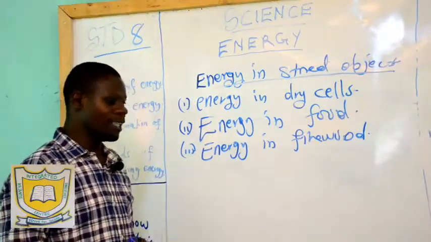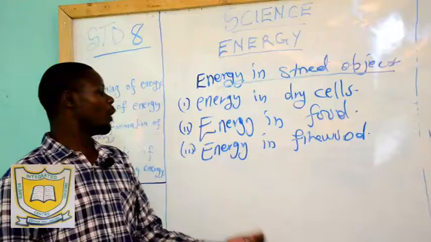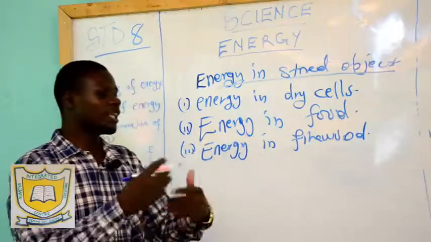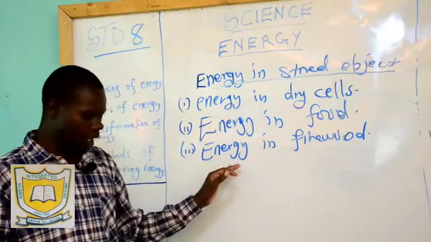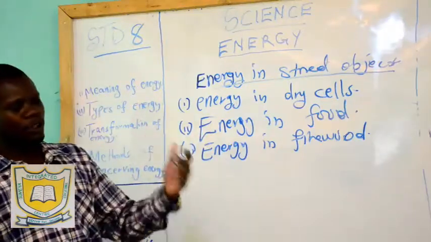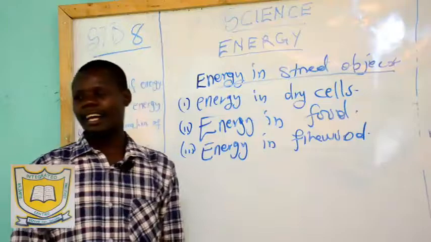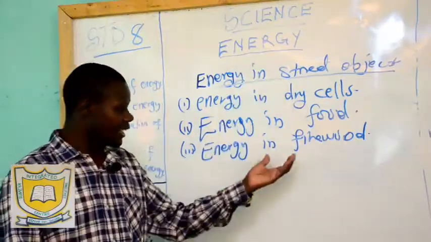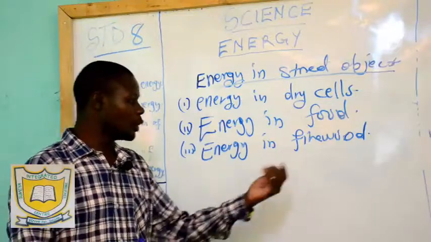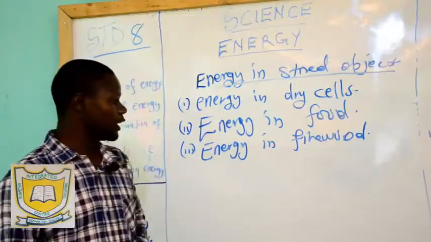So before you consume it, that energy is not in use. You have to consume the food first so that the energy can be produced. Three, we have firewood. Firewood also can be stored there for so many years before you light the fire. There is just energy, but if you have not used it, there is no energy in use there.